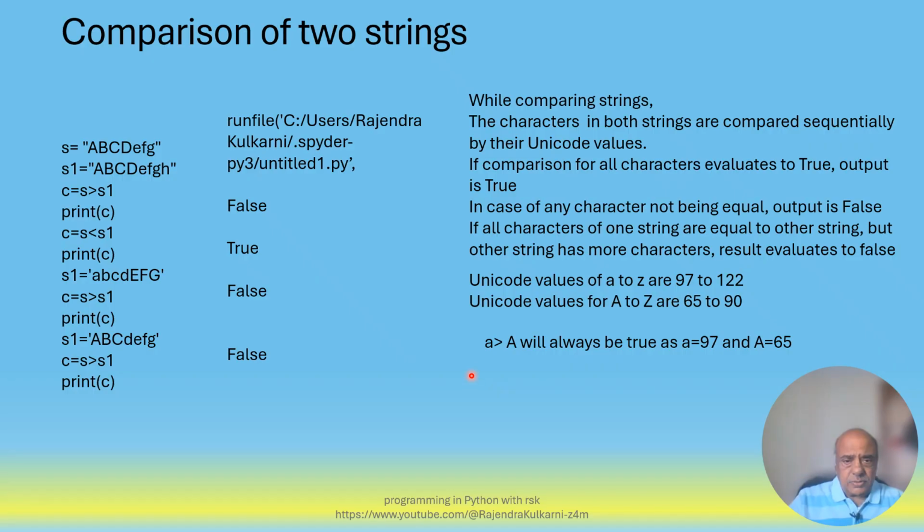So small cap A will always be greater than large cap A because small cap A is associated with int value 97 and large cap A is associated by Unicode scheme to 65. So 97 is greater than 65, so result will be true.